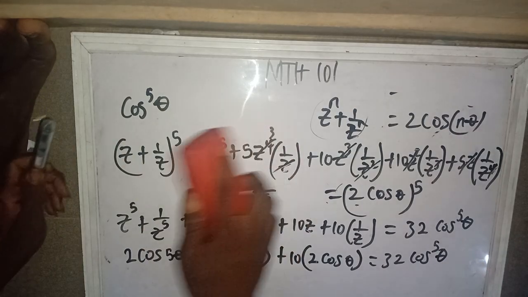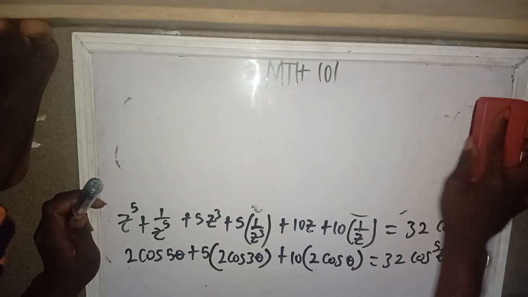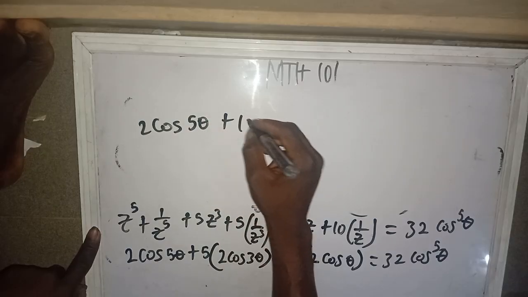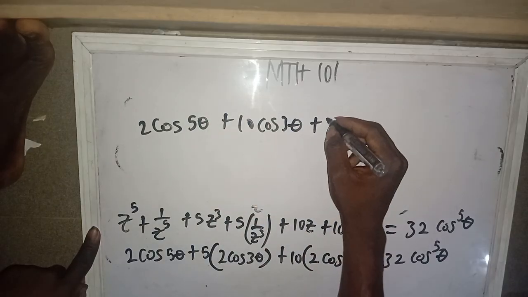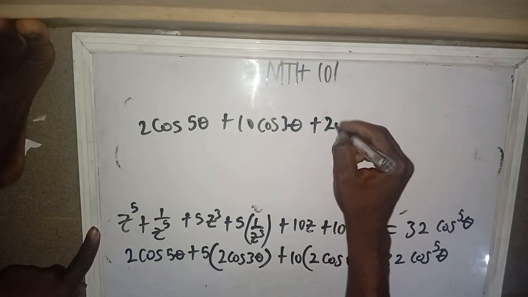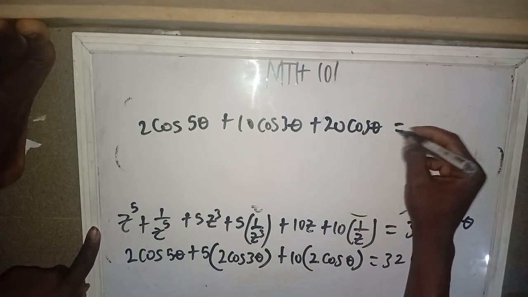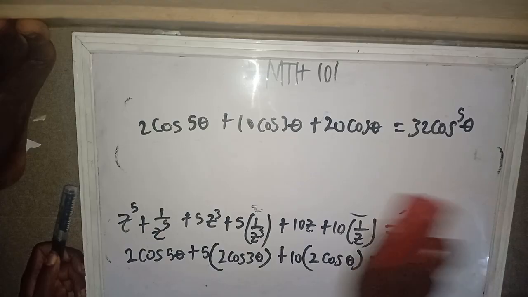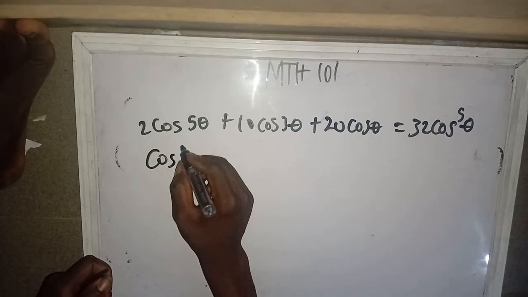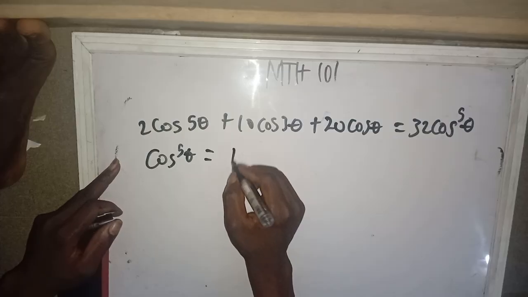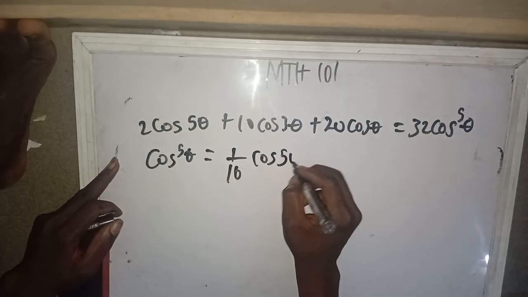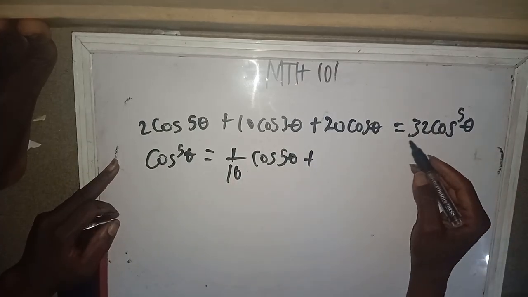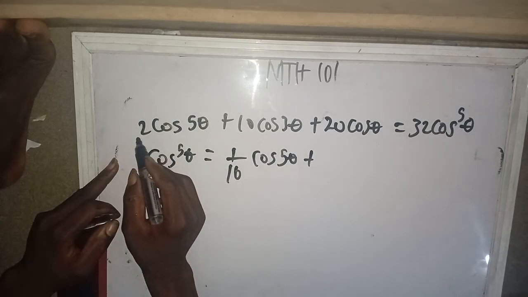Do you get that? So at the end of the day, we'll be having 2 cos 5 theta plus 10 cos 3 theta plus 20 cos theta equals to 32 cos to the 5 theta. So here, divide everything by 32. So that means cos to the 5 theta equals to this over 32. You have 1 over 16 cos 5 theta, plus, we are dividing all this by 32.